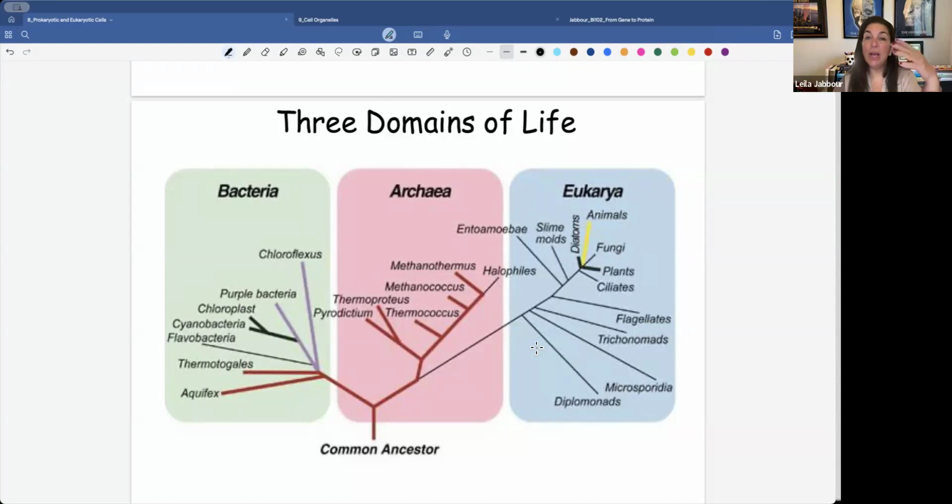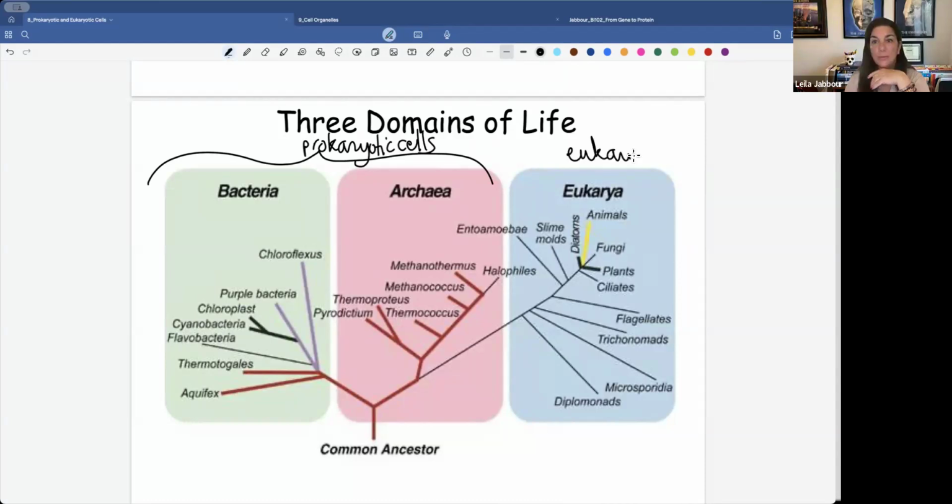Eukarya include cells that are called eukaryotic cells. So prokaryotic cells cover these 2 domains, and eukaryotic cells is what the eukarya domain is made of.